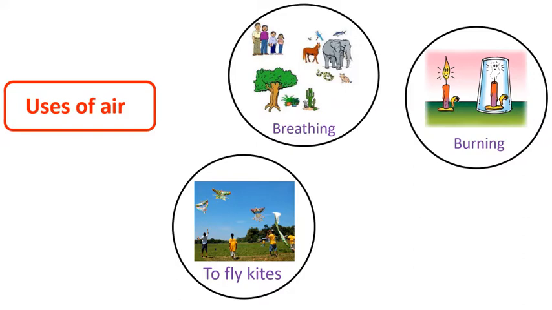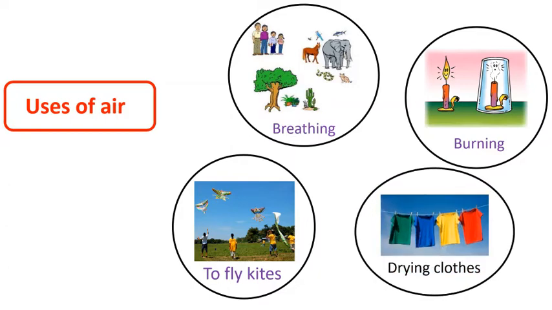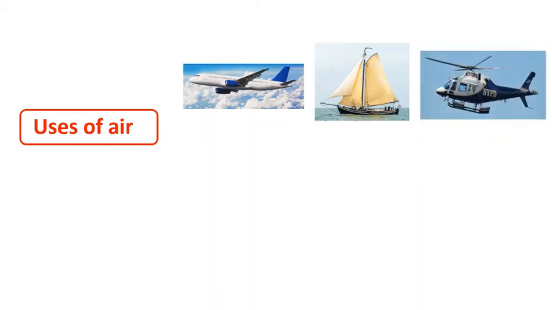And air helps in drying clothes. Moving air helps us to dry clothes, right? Yes. And some of the things like aeroplanes, sailboats, helicopters move from one place to another with the help of air.